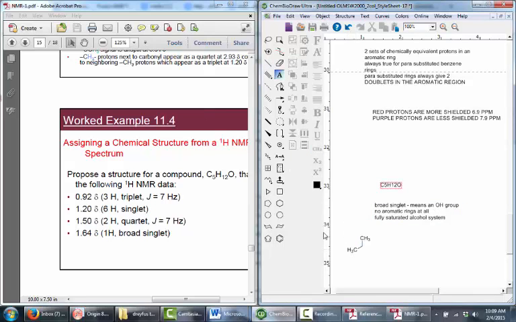I have 2 chemically equivalent methyl groups, but they're a singlet, so that means that there can't be any H's on this carbon, or else they would be split. So let's say I make one of these, put my OH right there, and put another carbon there. Let's see if this gives us something useful.